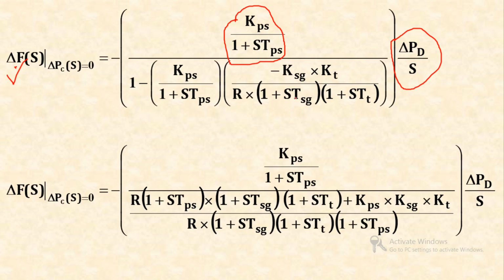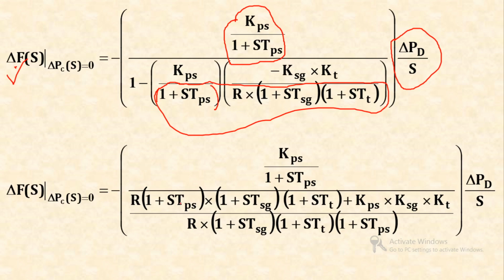Now, to simplify, we are going to take the LCM of this denominator. So, over here these are the 4 terms, 1 plus STPS, 1 plus STSG, 1 plus STT.